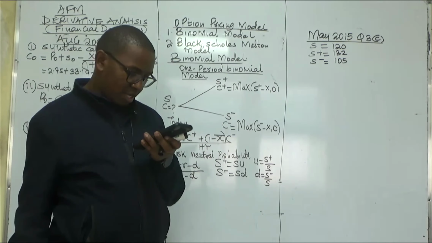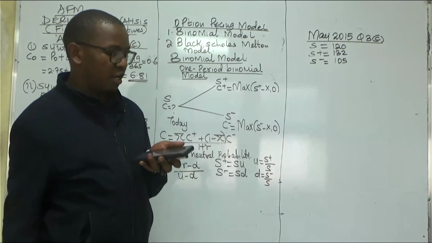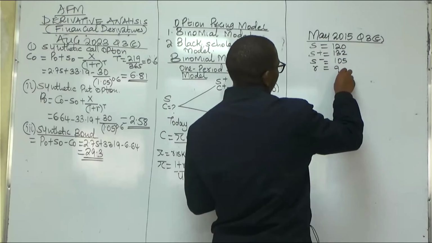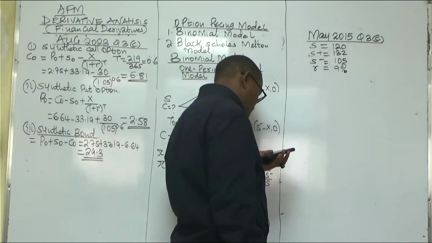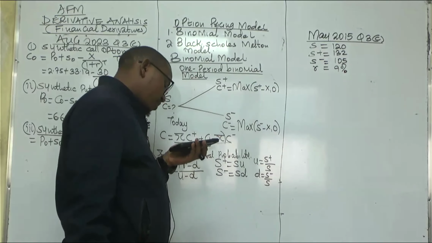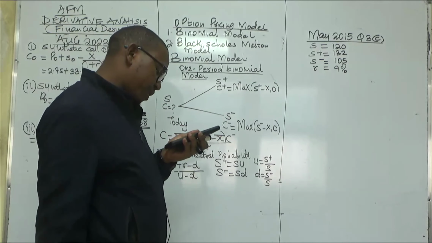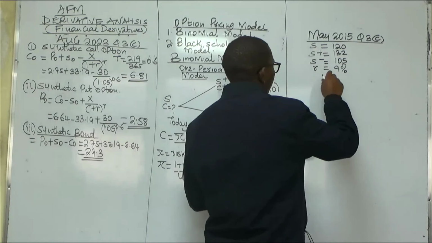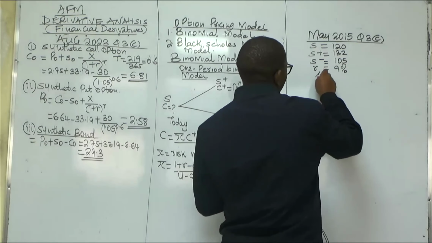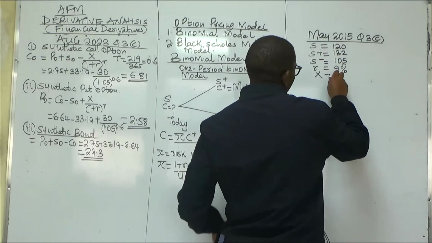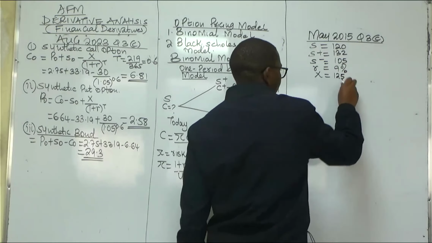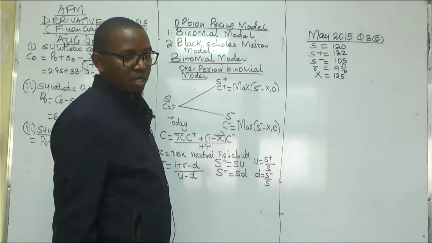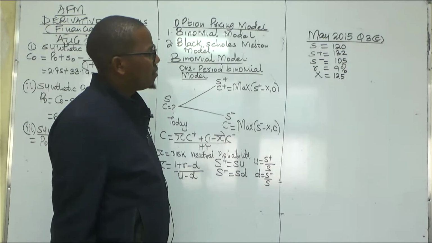We've been given that, assume the risk-free rate is 9%. You are required to find the value of a 1 year European option with an exercise price of 125. That is our exercise price.